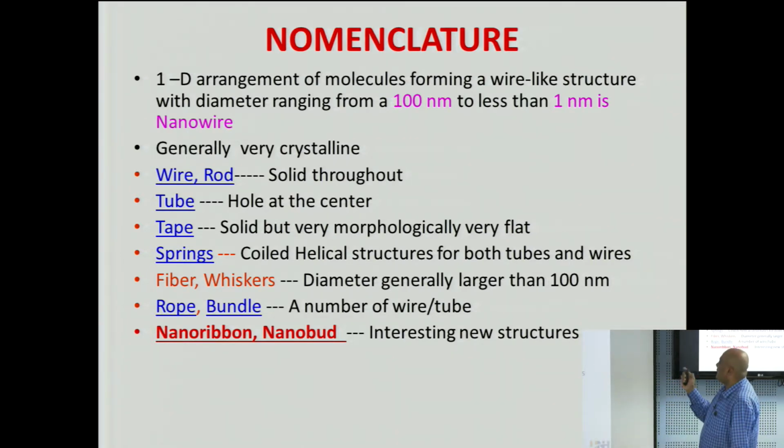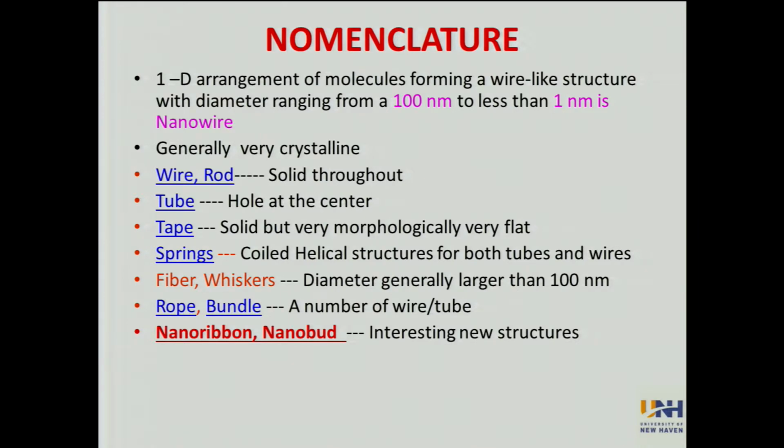First of all, nano is normally used for anything with a diameter of 100 nanometer to 1 nanometer, we call it a nano wire. What is a nano wire and what is a nano rod? You can use these terms. Wire is flexible, nano rod is something which is rigid.